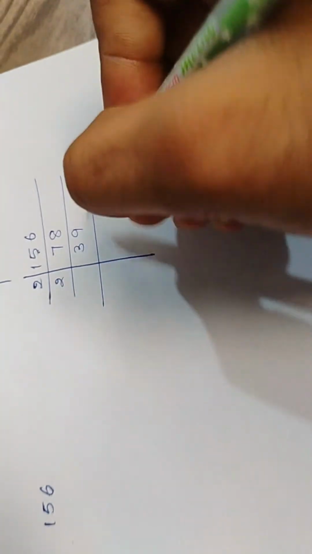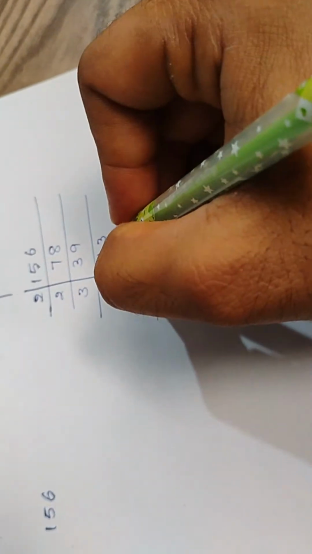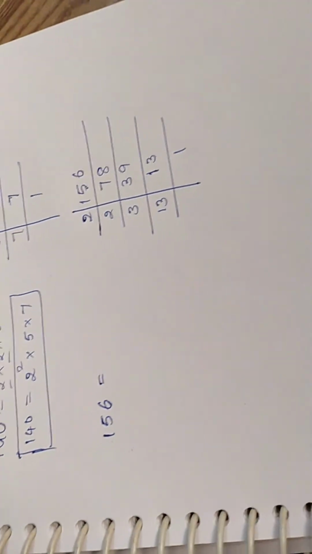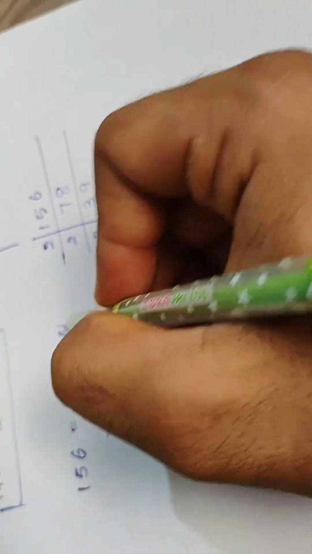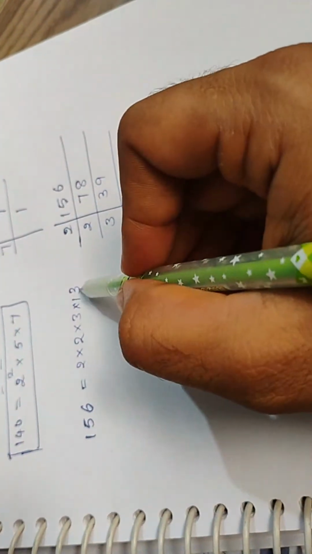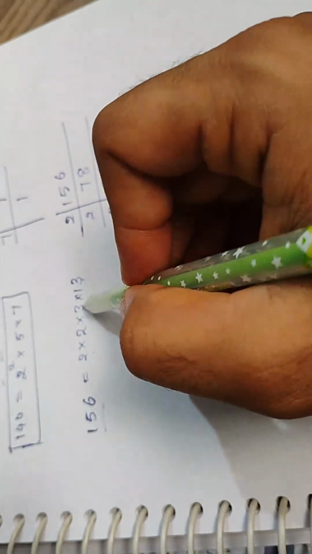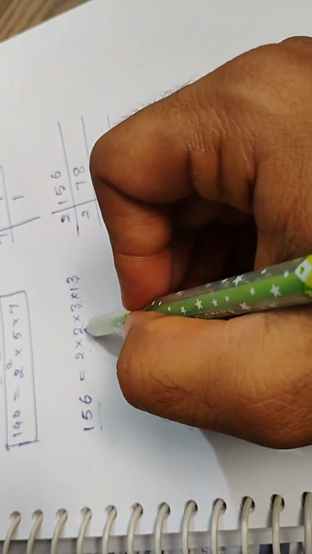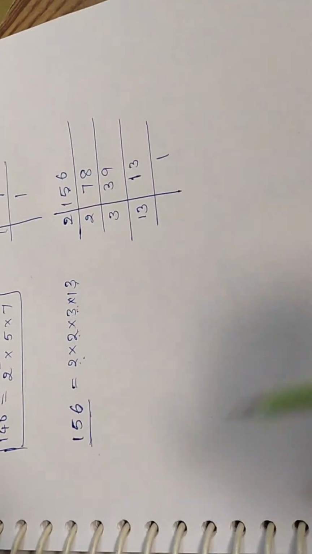Again this 39 is divisible by 3. So 3 1s are 3, 3 3s are 9. Again 13 only. 13 is a prime number, we already know. So 156 you can write as 2 into 2 into 3 into 13. If you multiply all this, you will get 156. 13 3s are 39, 39 2s are 78, 78 2s are 156. Okay.